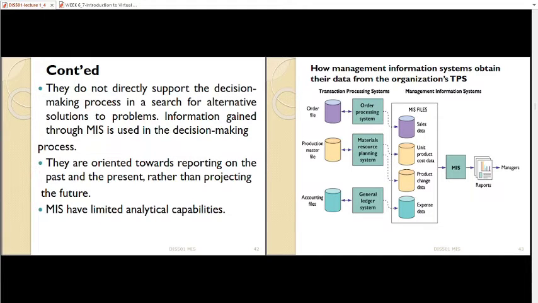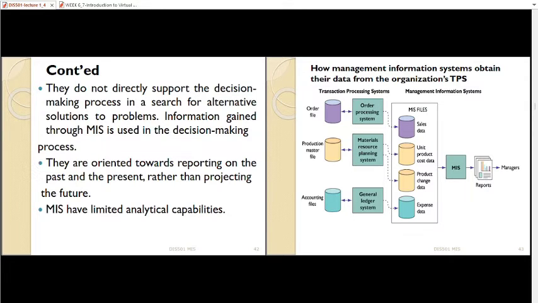Then it's pushed to managers, either heads of sections or the CEOs of that organization, and they can make a decision that would help move a particular department ahead and so on.